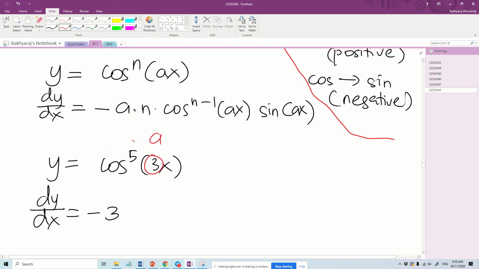This is my A, this is my N. Okay, A is 3 times and N is 5 times cos^(5-1) is 4 and then 3x and then sin 3x.